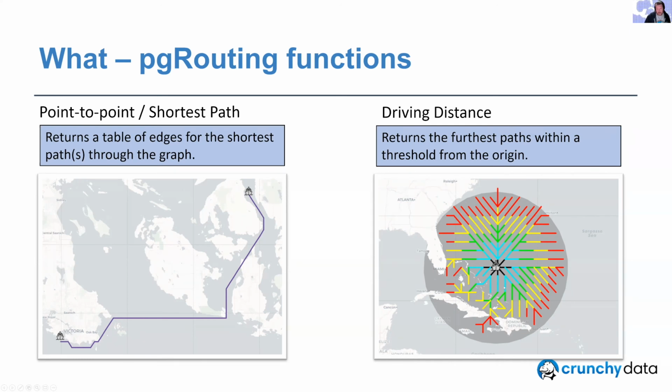The driving distance calculation is the same one we did before, where we're providing it a threshold, and that threshold is 1,000 kilometers, and it's telling us how far out on every line it can get before it runs out of that threshold. So this is where it gets interesting again, because you see the circle. The circle is if you just draw a straight radius 1,000 kilometer circle and go for it.